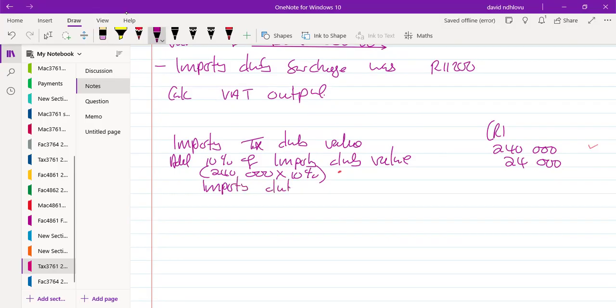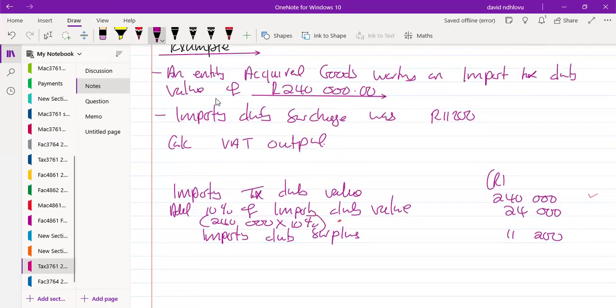Import duty surcharges are extra taxes over and above the import duty as determined by SARS. They've got a way of calculating this amount. Normally in questions you'll be given it, because the calculation of that 11,200 is outside the scope of the syllabus. It's not a VAT calculation.